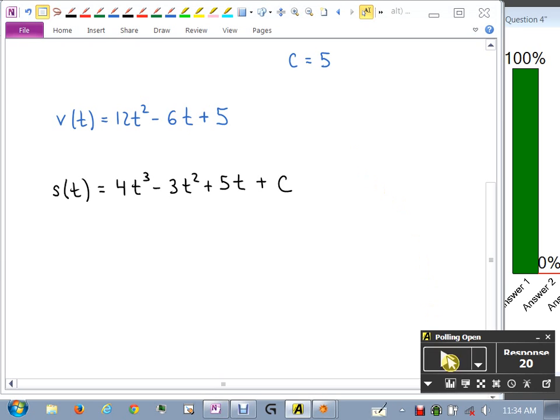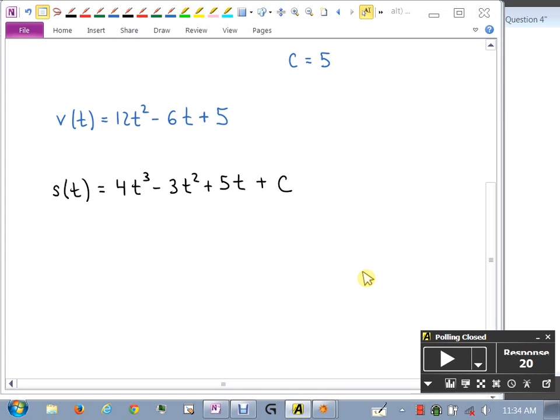And now, same thing, right? But we know that s of 1 was 7, which implies that when we plug 1 in, what do we get? 6 plus c must equal 7. We just plug 1 in for all your t's, and you get c is 1.